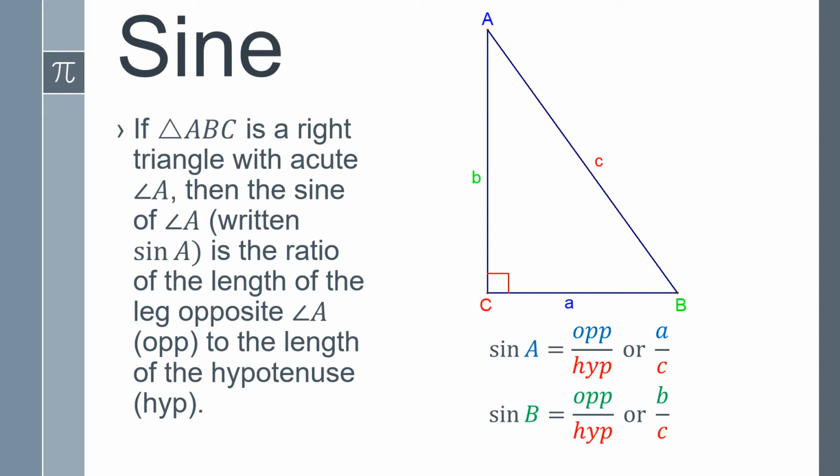So sine of A is opposite over hypotenuse, or A over C, and the sine of angle B would be the opposite over the hypotenuse, which would be B over C. So just so we can be clear on this, the opposite from A is there, and the opposite from B is there.